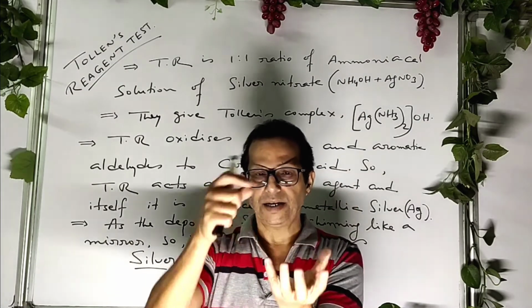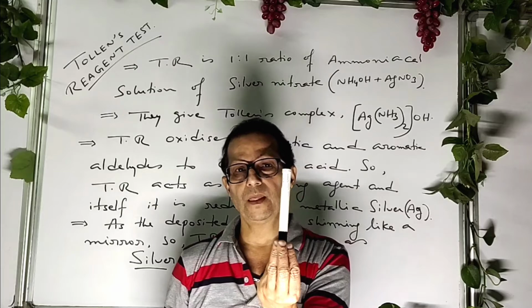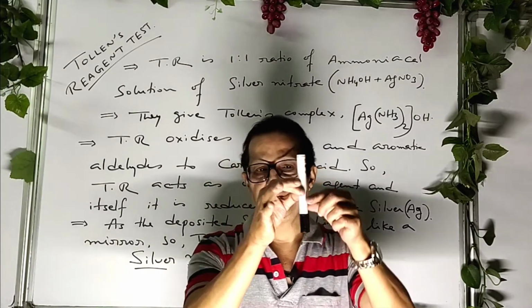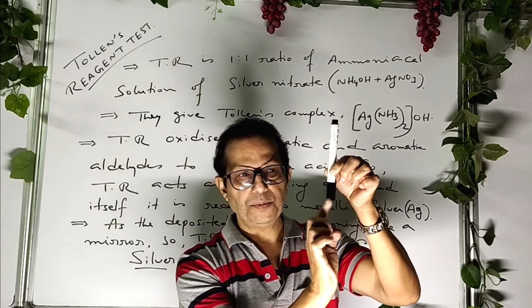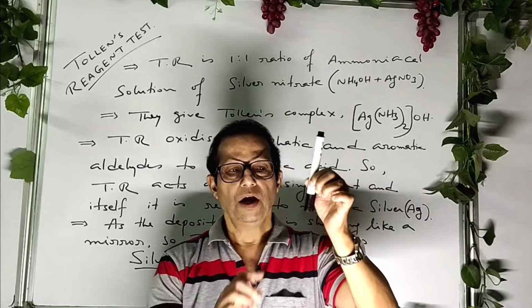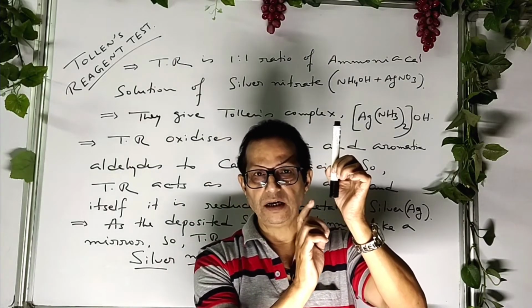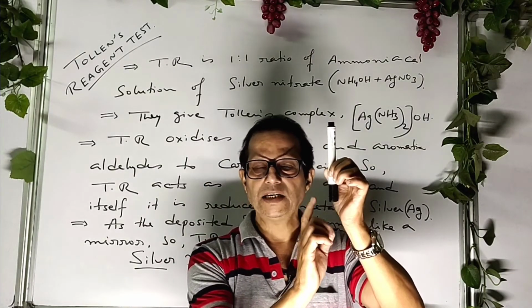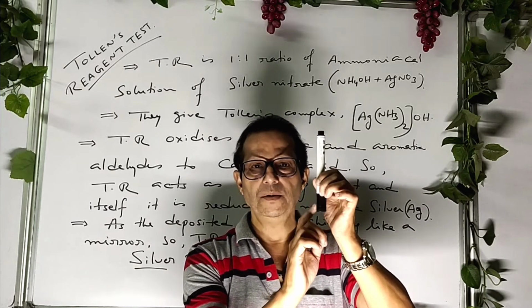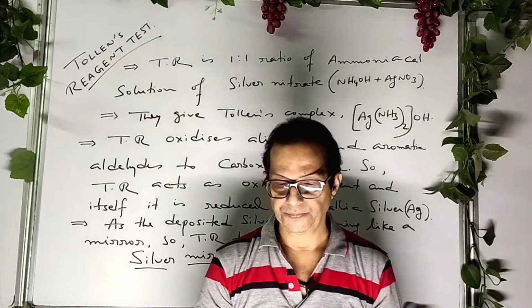Take a beaker, take water and heat it. Then after some time you see that silver metal is deposited at the bottom of the test tube. As the silver is shining like a mirror, that's why Tollens reagent test is also called silver mirror test.